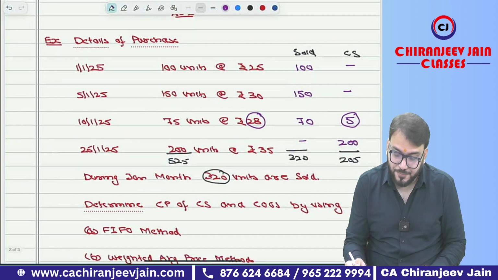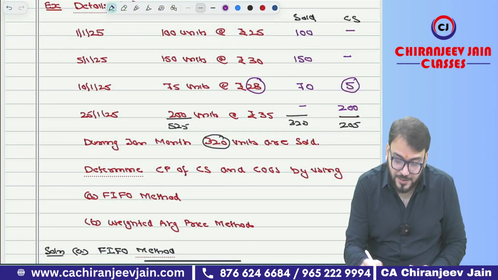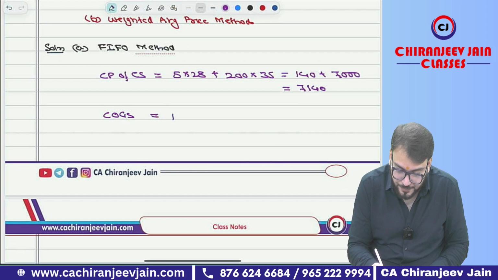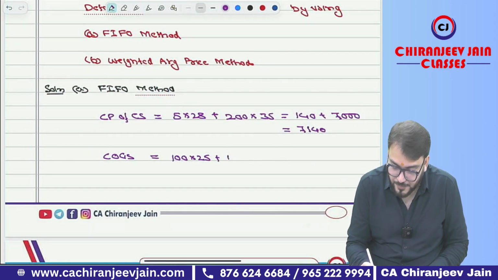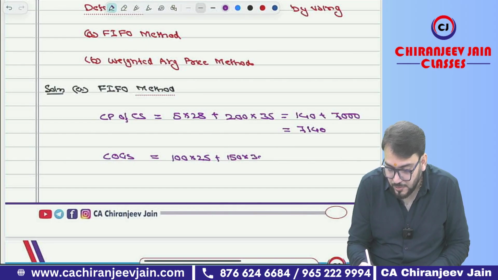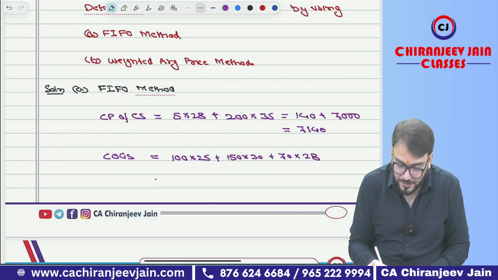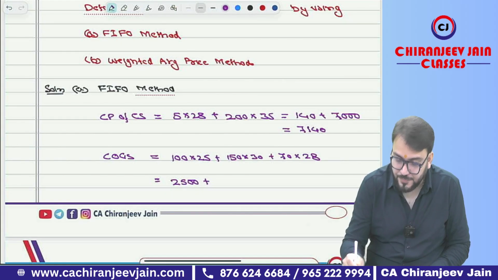So that will be from what? Are you getting? So 100 into 25 plus 150 into 30 plus 70 into 28. Can you do it? This becomes 2,500.